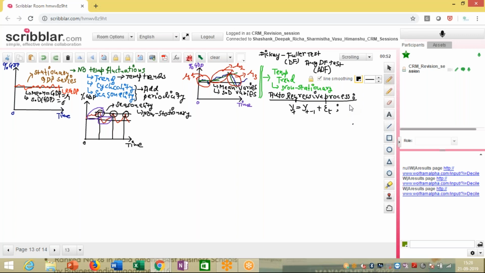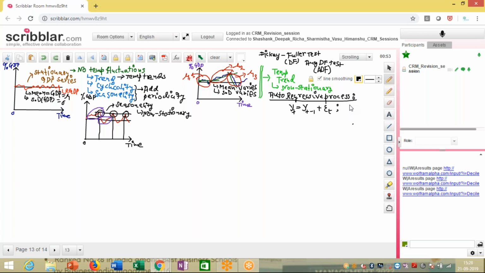And the second is the moving average process, where we say that the value of y at time t is a function of the historic shocks or the historic error terms. That's the MA, or the moving average process.